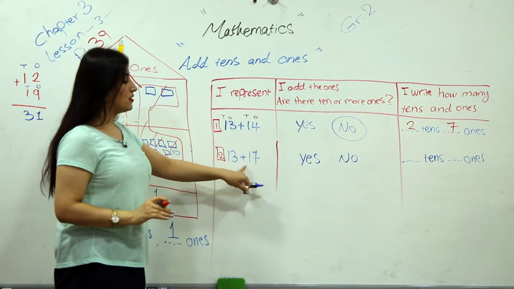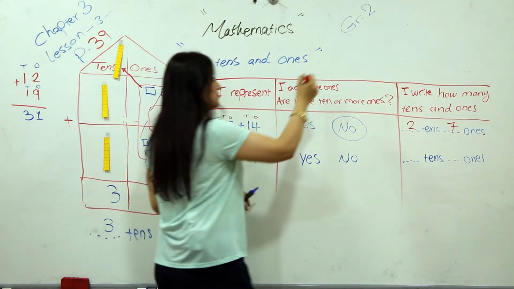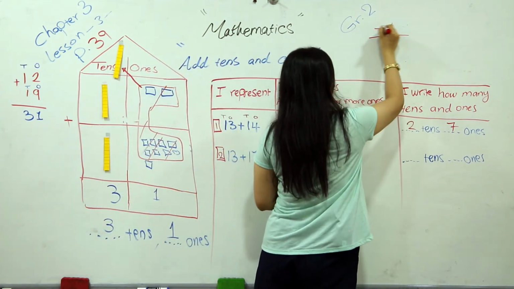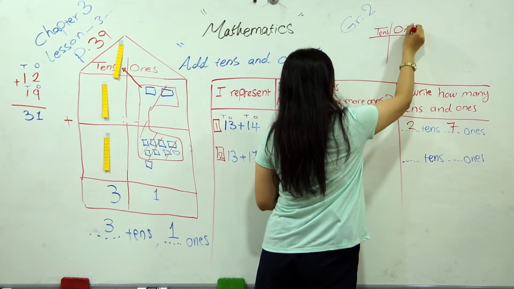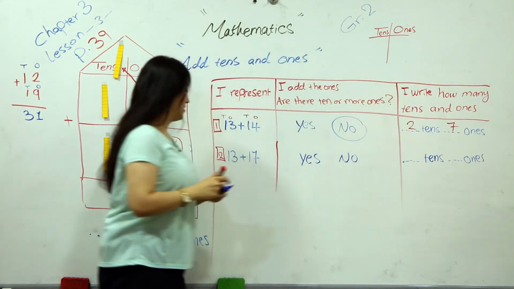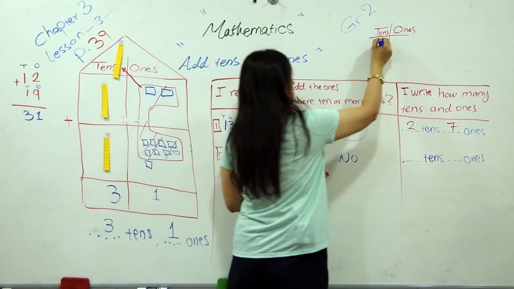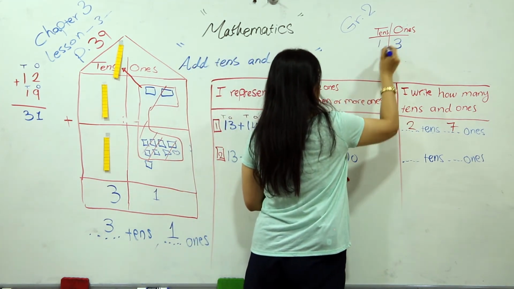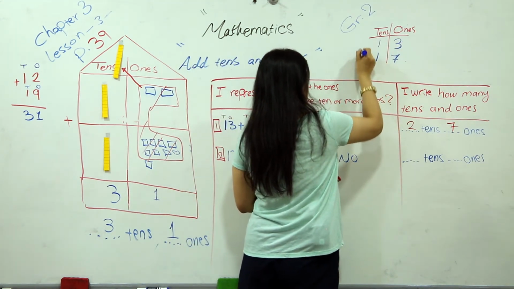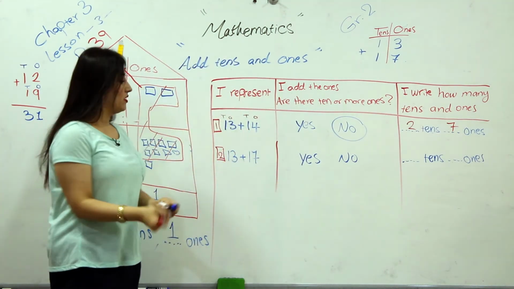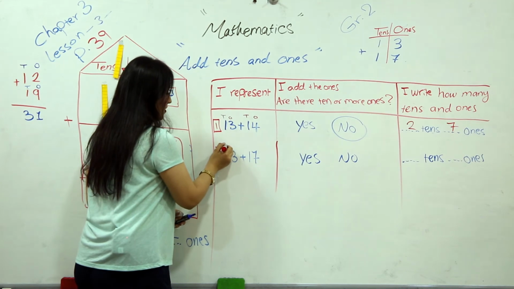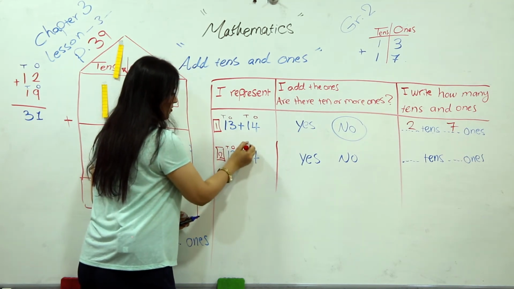13 plus 17, okay? That's the tens side, and that one is the ones side. 13 plus 17, the same thing. That's just for your help, if you want to mark that, okay?